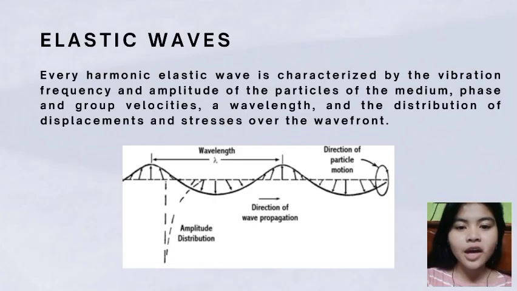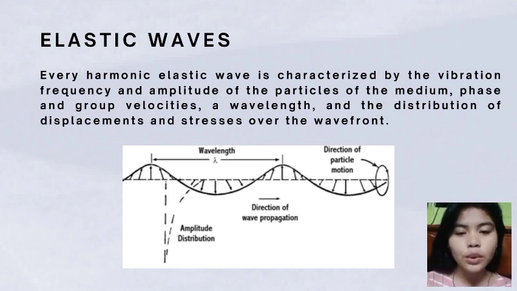Every harmonic elastic wave is characterized by the vibration frequency and amplitude of the particles of the medium, phase and group velocities, a wavelength, and the distribution of displacements and stresses over the wavefront.